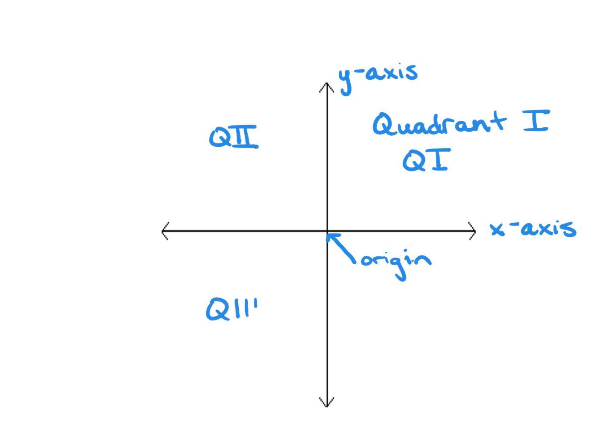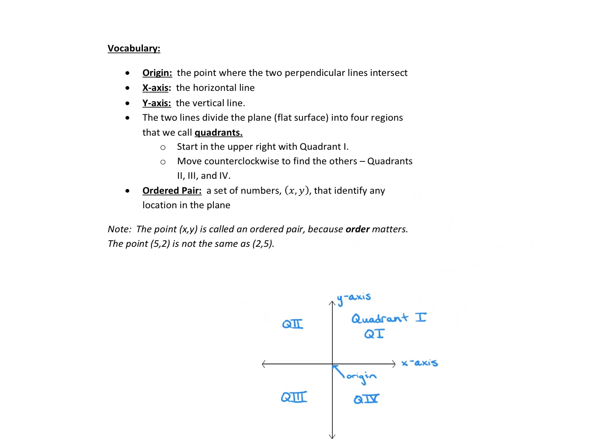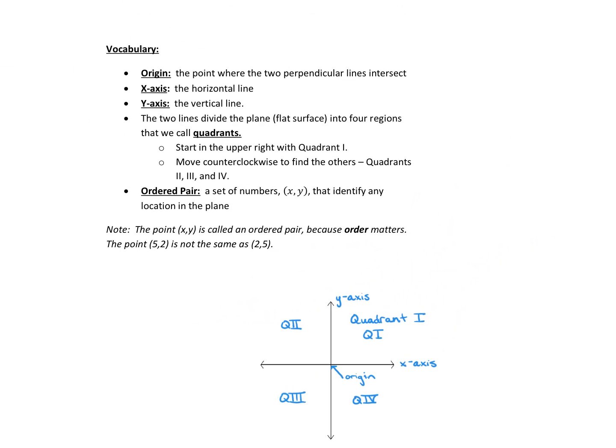We're going to go down to the lower left for quadrant 3. And we're going to go down to the lower right for quadrant 4. All right, so that is basically breaking down what things are when we talk about graphing.